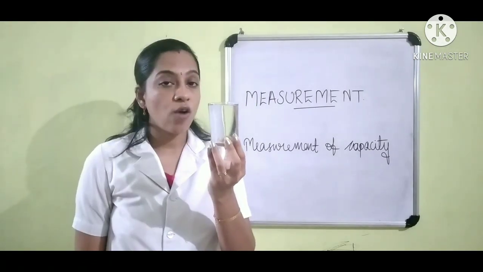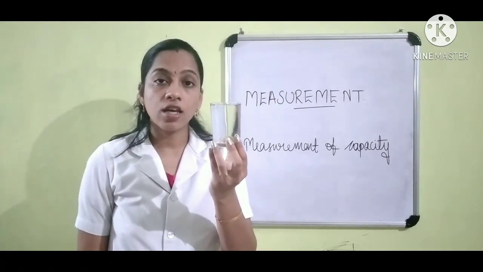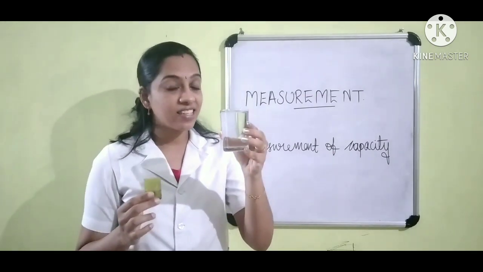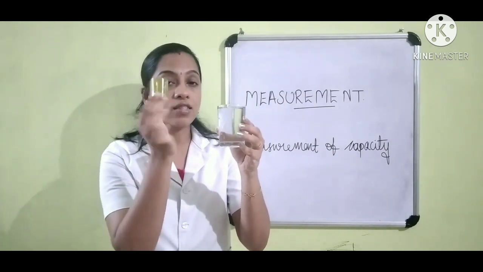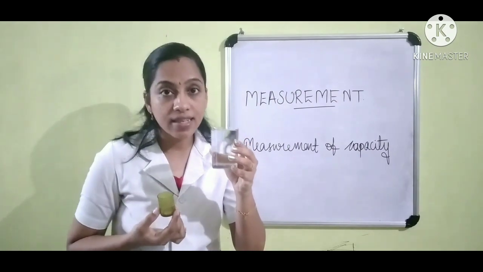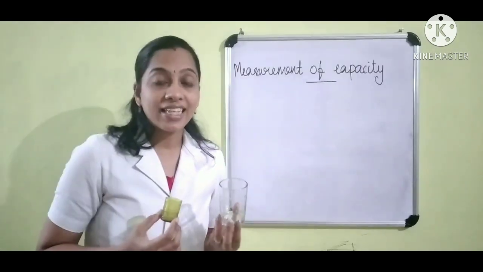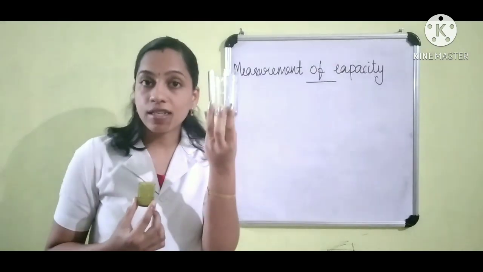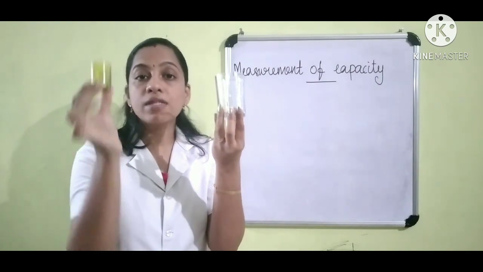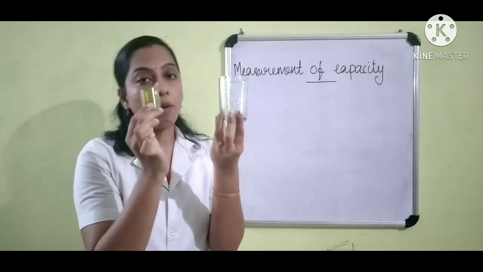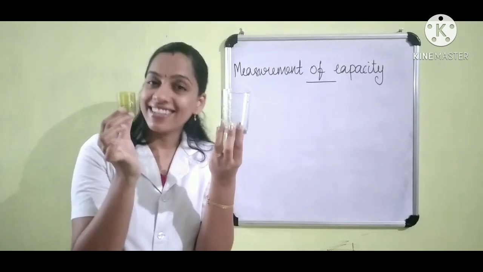Now this glass is filled with water. Yes. This glass can hold 6 tops of water. Isn't it? That is, the capacity of this glass is 6 times the capacity of this top. Is it clear children? Yes.